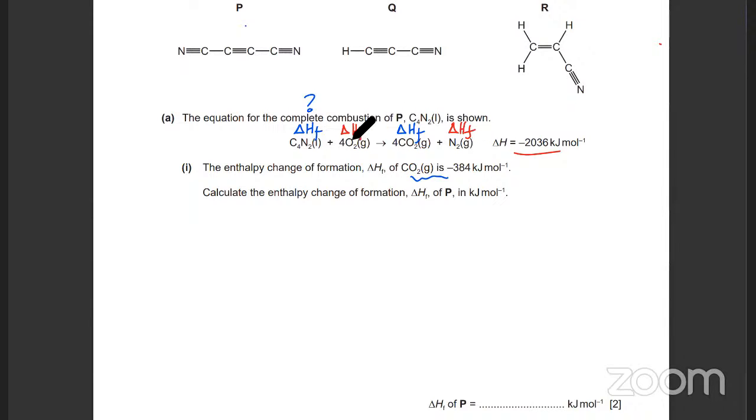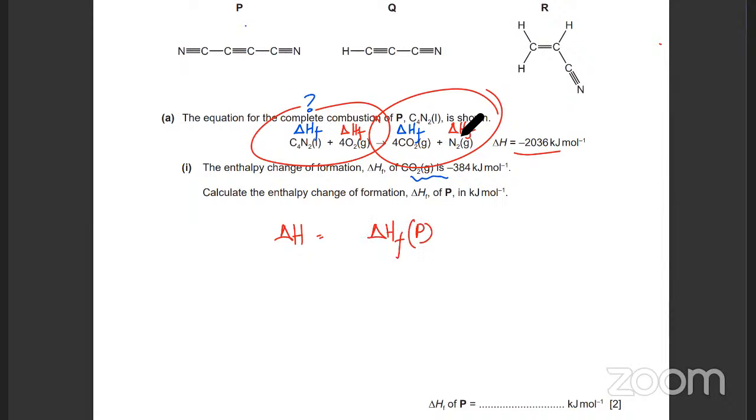Elements are formed from elements, so that's 0, and this is also 0. So you're going to use products minus reactants. That's your formula. Be careful with the sign.